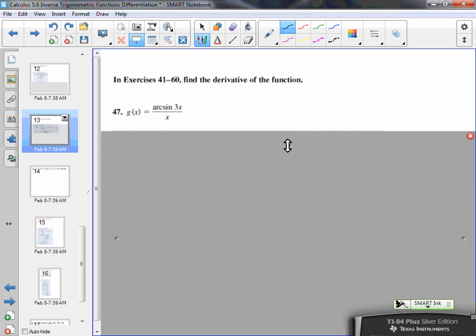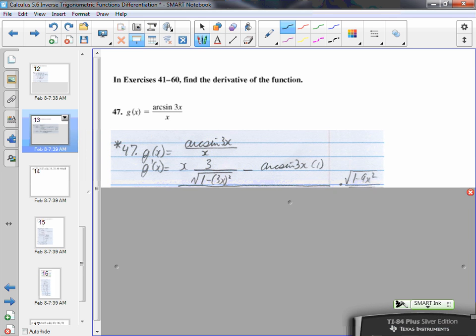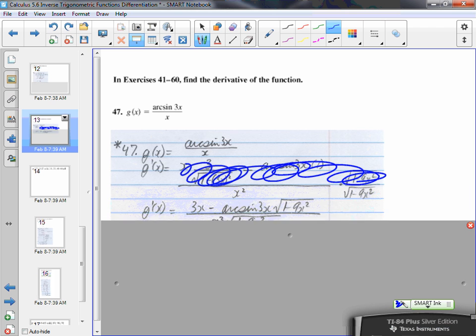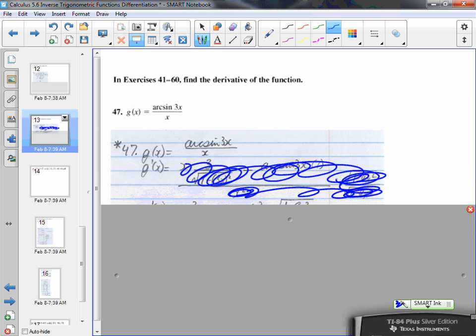So, quotient rule, g prime of x equals the bottom, x, times the derivative of the top. Now, the top is the arc sine of 3x. So we have to find the derivative of the arc sine of 3x.